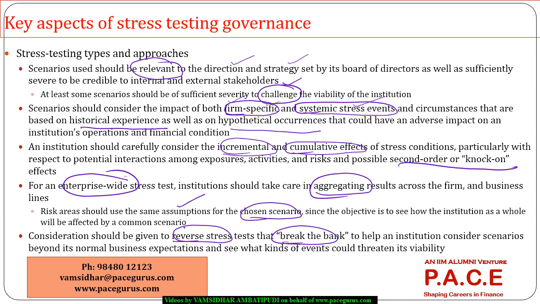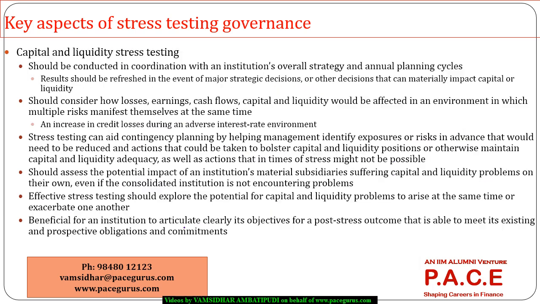Under what scenario can the bank go completely bankrupt? Where could the viability of the bank really get under threat? So that should be the kind of tests that need to be designed so that proper actions could be taken accordingly, and the surprising results could quite comfortably be avoided.